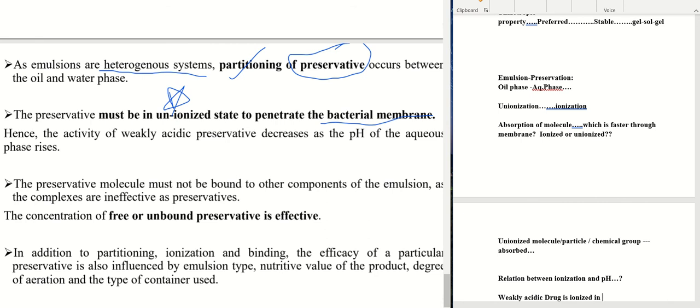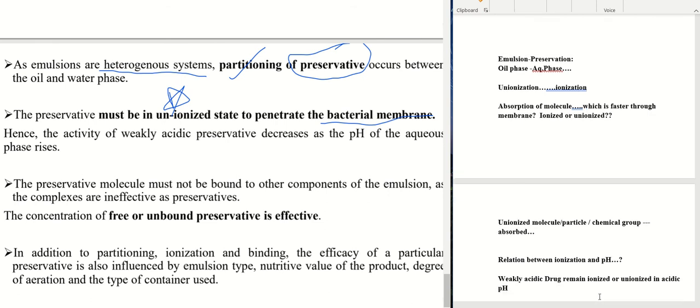Let me ask you, will a weakly acidic drug remain ionized or unionized in acidic pH?